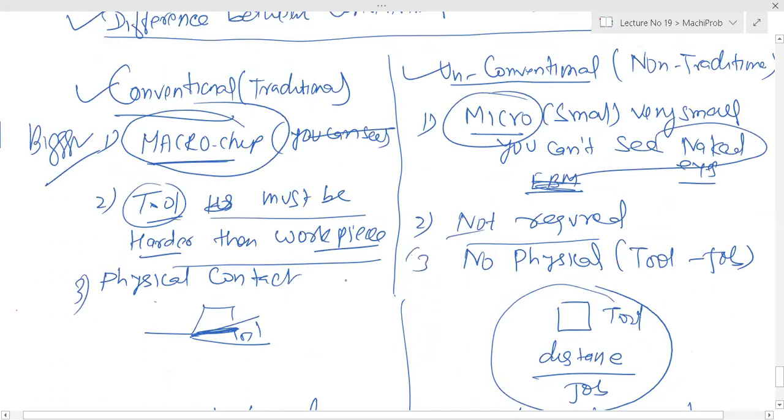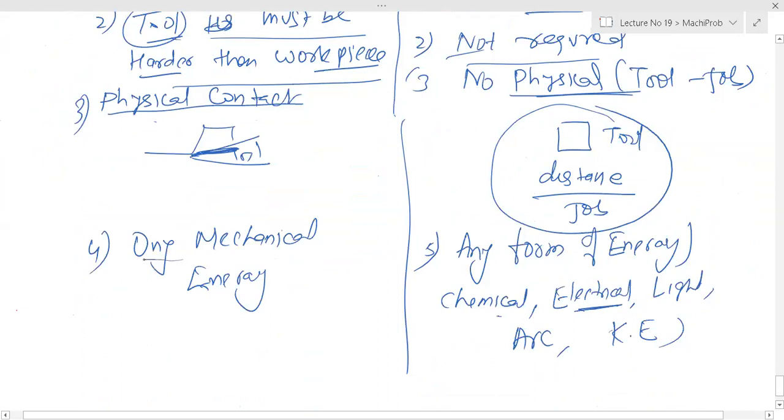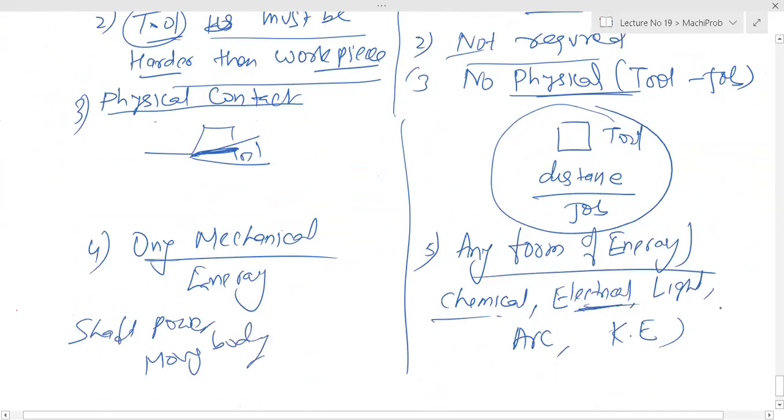And third, here there is a physical contact, there will be a touch, and here no physical contact is required. And then only mechanical energy. What is mechanical energy? That is soft power. You have a moving body. But here it is any form of energy: chemical, electrical, light, arc, kinetic energy, anything.